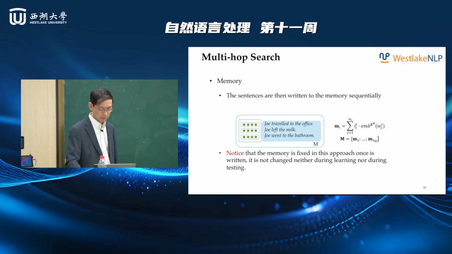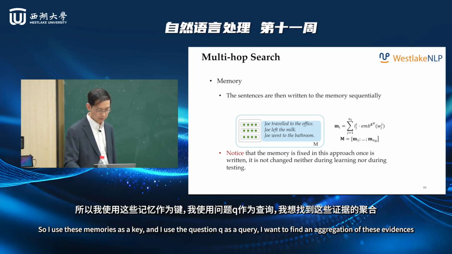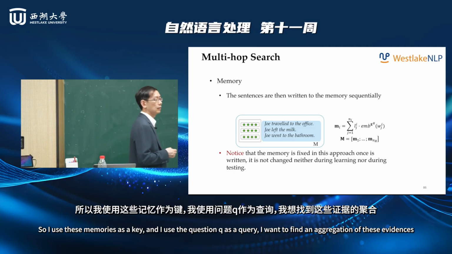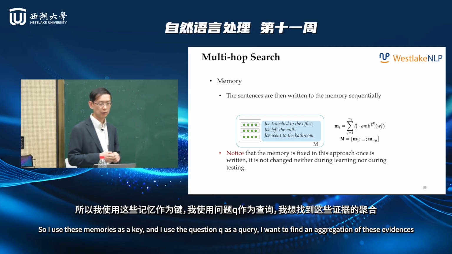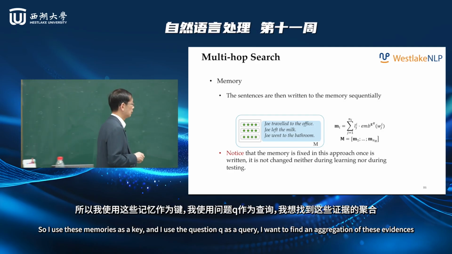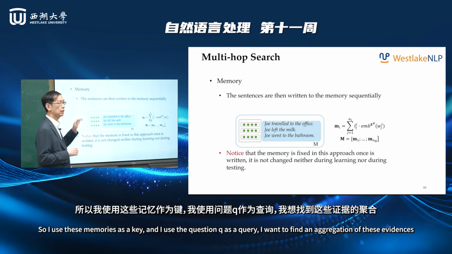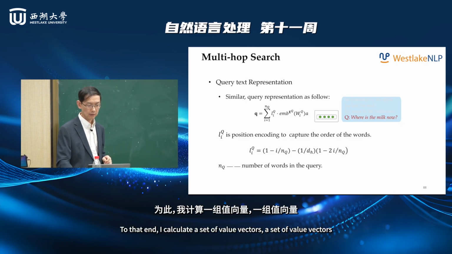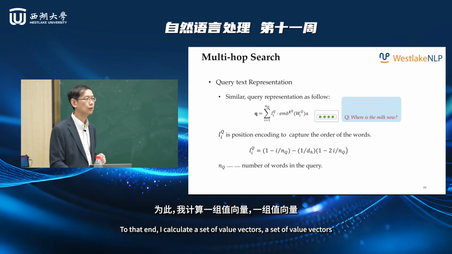So I use these memories as a key. And I use the question Q as a query. I want to find an aggregation of these evidences. To that end, I calculate a set of value vectors.